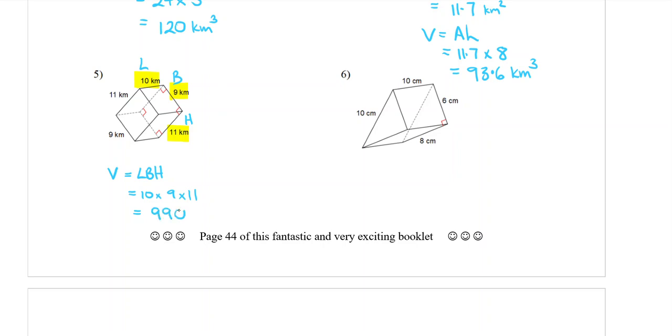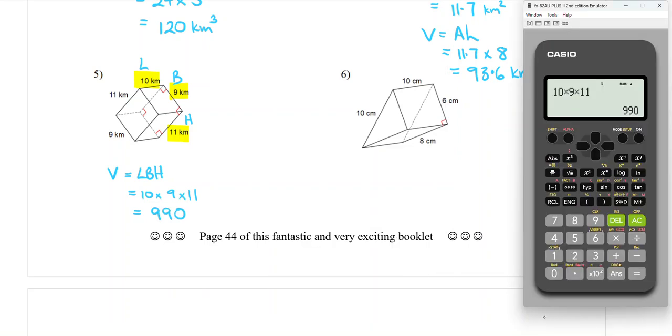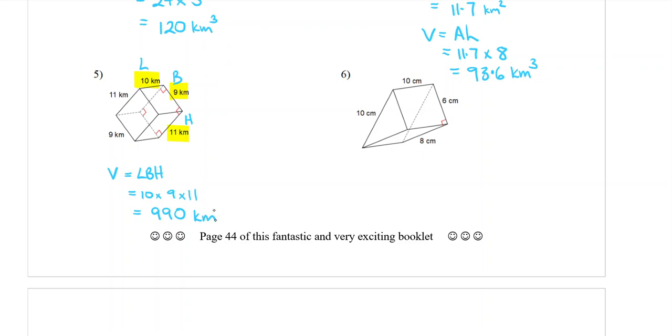Wasn't it 990? And that would be kilometres cubed. So rectangular prisms and cubes are definitely the easiest because it's just sub straight into your formula.